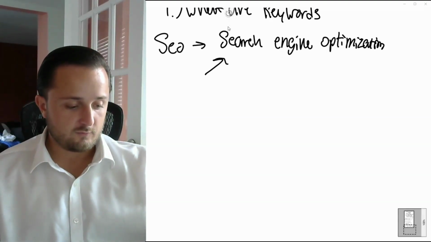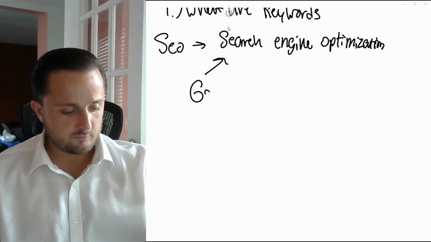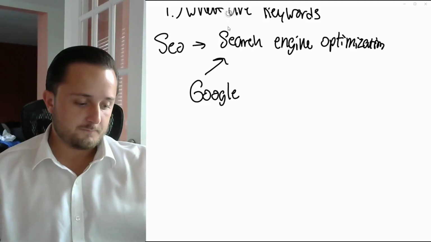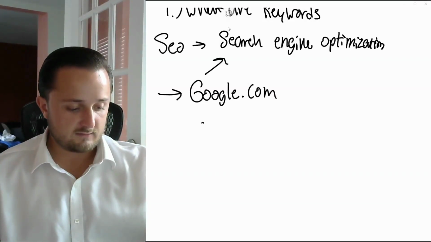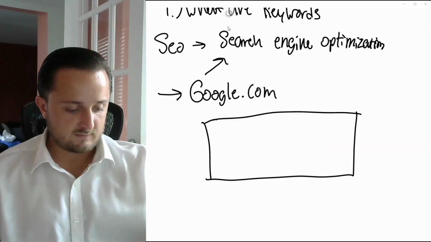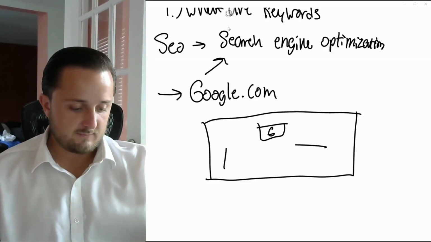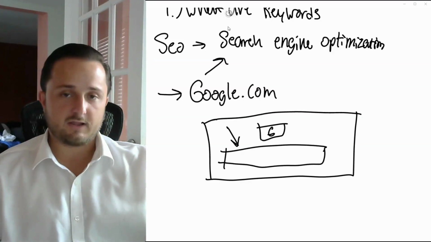So first, what is a search engine? Let's start with Google, the biggest player. Google is the URL, or the company. When you go to google.com and you land on that page, it says Google right here, and there's this little bar that you type in.